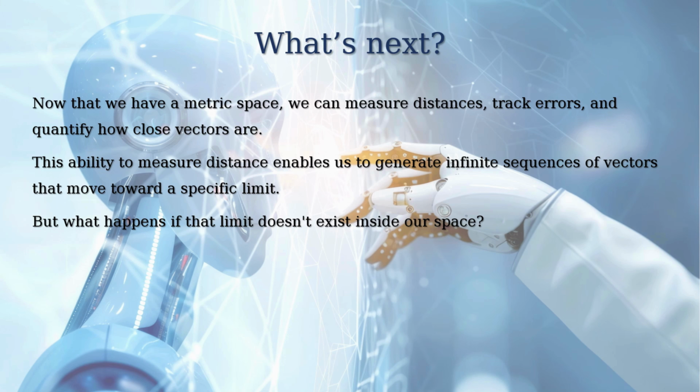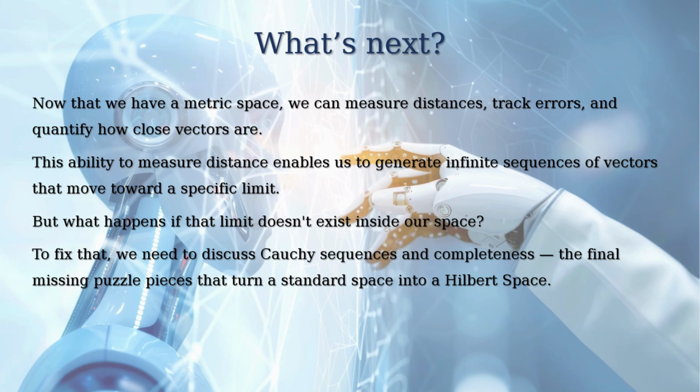But what happens if that limit does not exist inside our space? To fix that, we need to discuss Cauchy sequences and completeness. This is the final missing puzzle piece that turns a standard space into a Hilbert space.